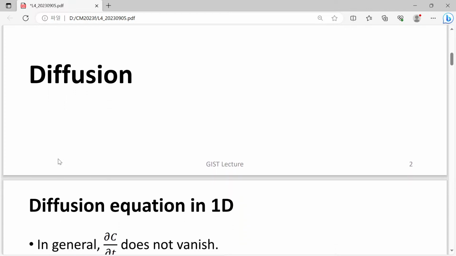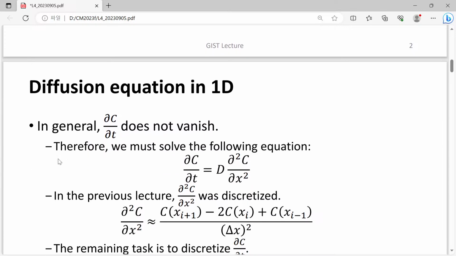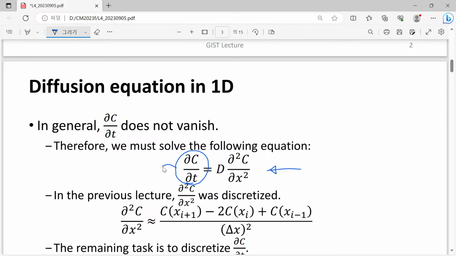So let's just continue our discussion on the diffusion simulation. Previously you remember that we introduced this diffusion equation, and in the last lecture we assumed steady state, so this term goes to 0.